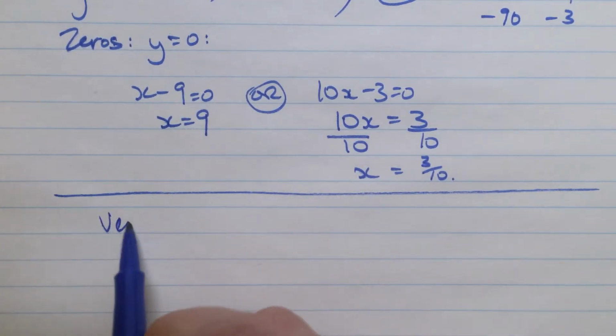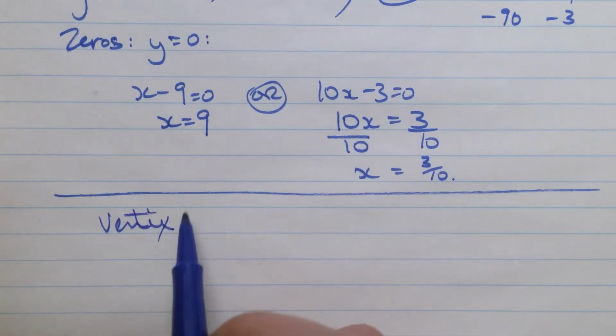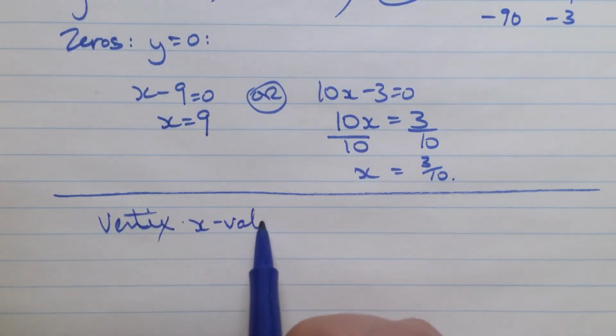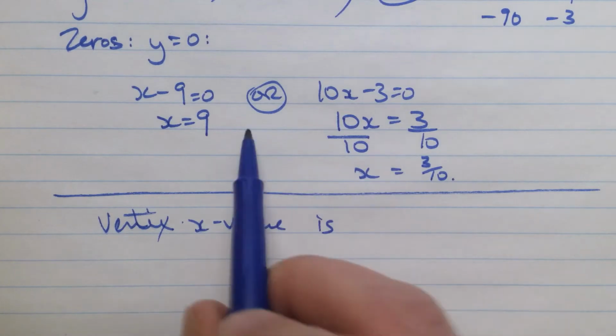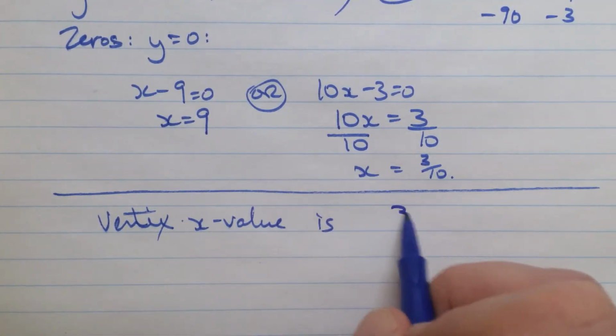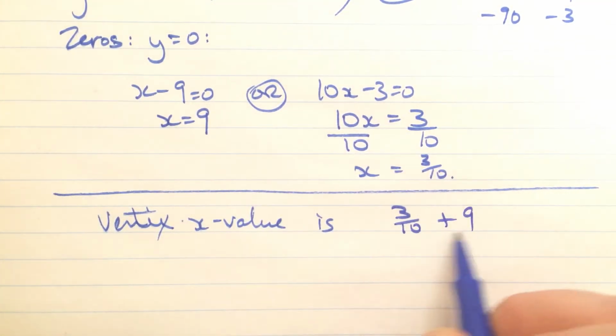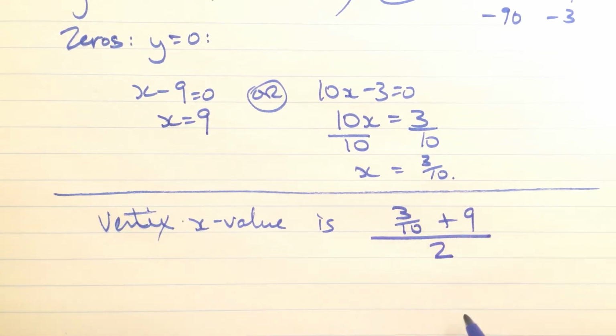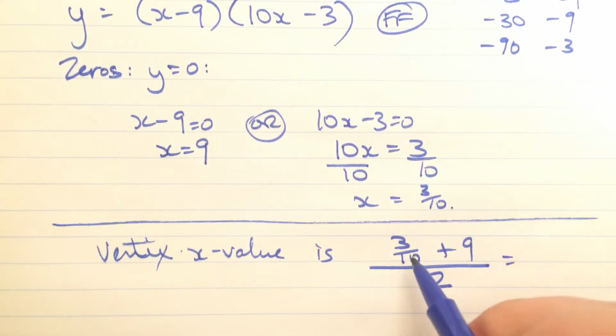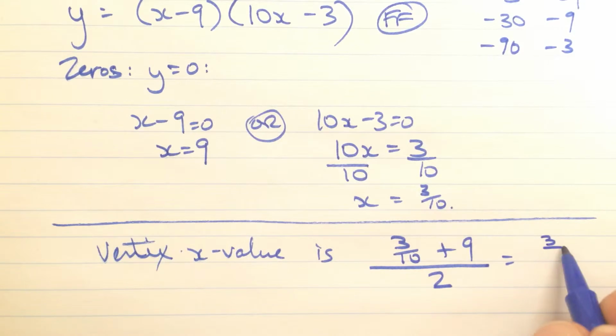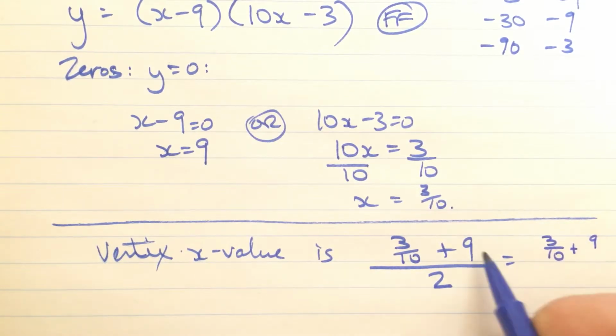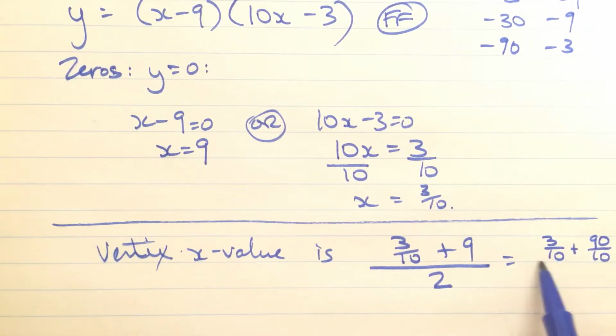So the vertex x value is the average of these 2 points, which is 3/10 plus 9, all divided by 2. So a little fraction work here. 3/10 plus 9, as a number of tenths, is 90/10, and the whole thing is divided by 2.